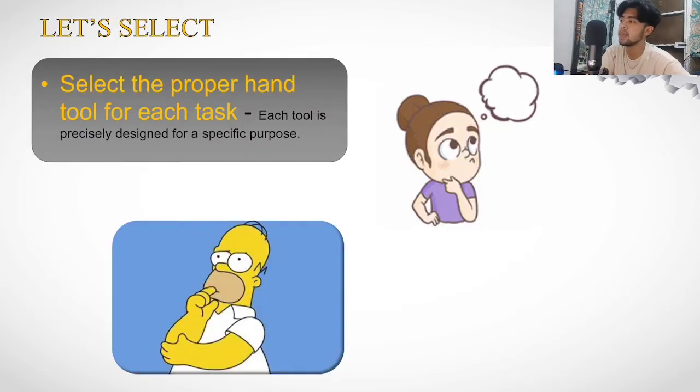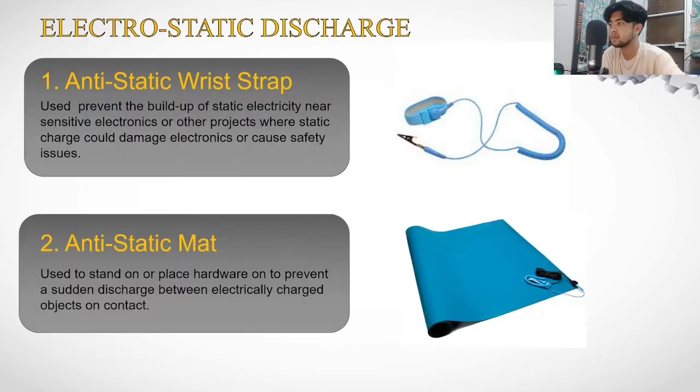Let's select the proper hand tool for each task. Each tool is precisely designed for a specific purpose. Choosing the best tool can help avoid unnecessary mistakes, and one's skill can be utilized to the utmost by simply choosing the best tool intended for each task. So, here is the list of electrostatic discharge tools.